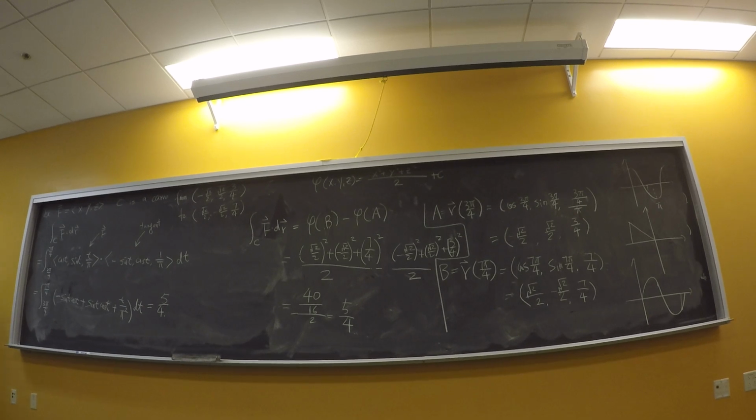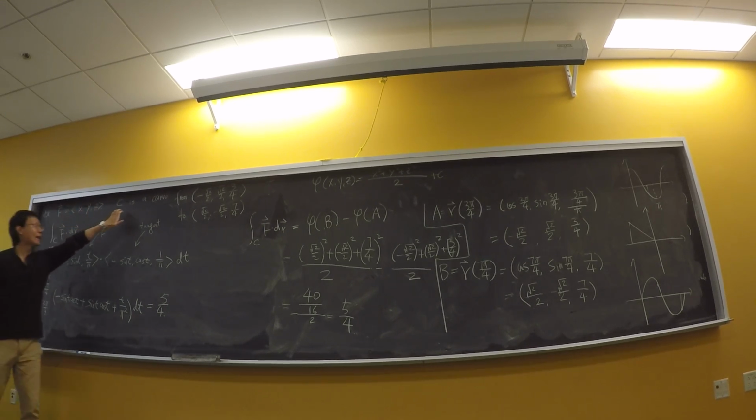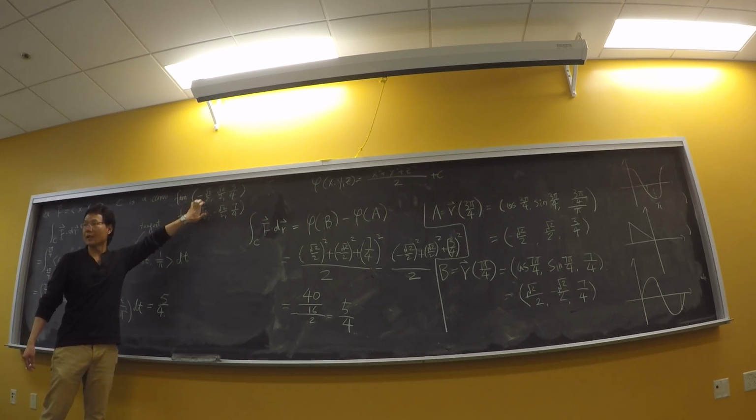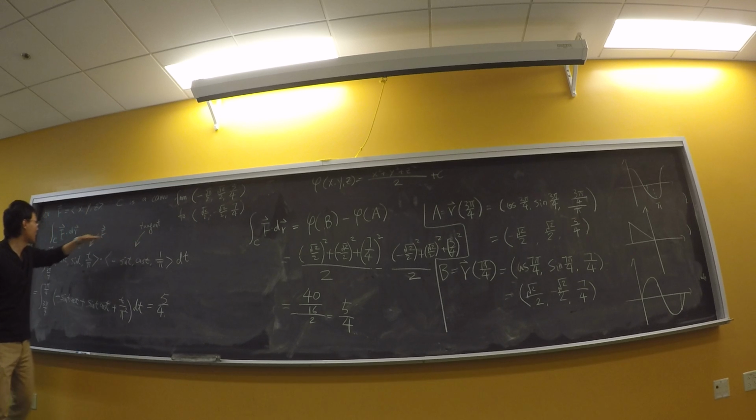Here is my problem. I have a vector field, and I have a curve. I don't know what it is, but I know it is from a point to the other point. I still want you to compute the line integral of this vector field along this curve. How do you do that?